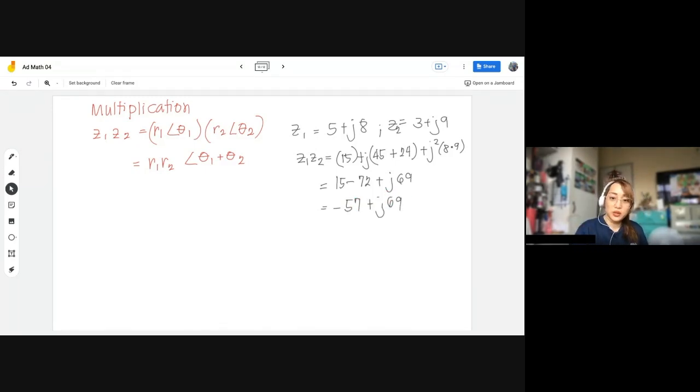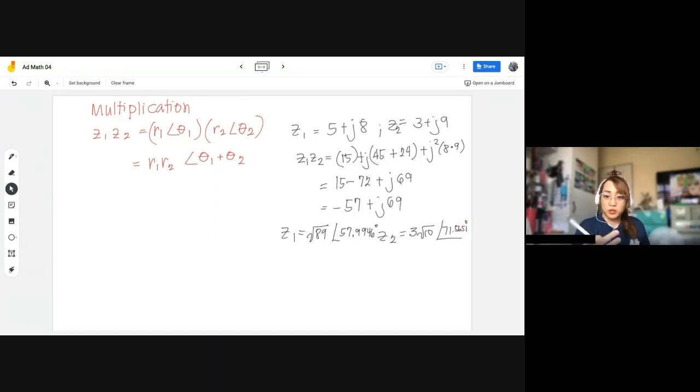If we're going to convert our Z into bar angle, just to review our topic last time, that is square root of 89 bar angle 57.9946 degrees. The other one, 3 square root of 10, bar angle 71.5651 degrees.